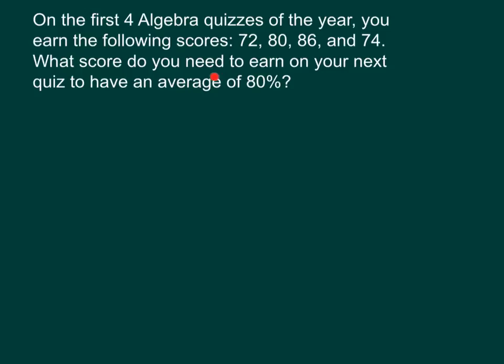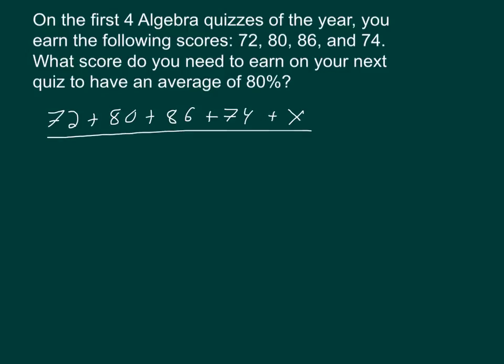Well, I remember from vocabulary that average means I add up all of my scores. So I'm going to add up the 72, the 80, the 86, the 74, and I'm actually going to add in my next score, which I don't know, so I'm going to call that x. And once I add them up, I divide by the number of quizzes that I've taken.